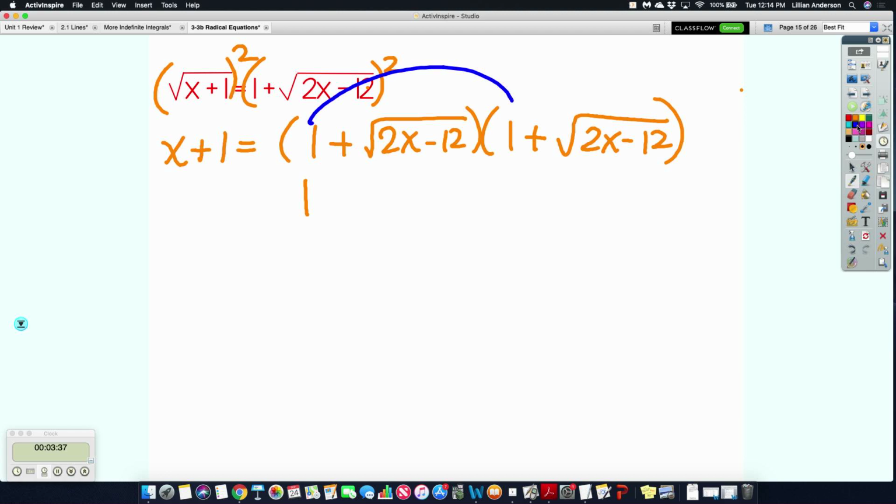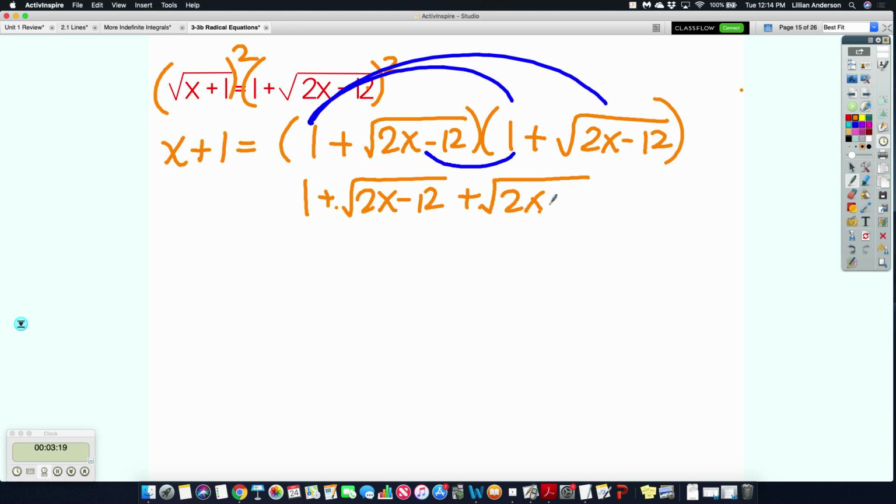Then 1 times the square root of 2x minus 12, which is just? Then the square root of 2x minus 12 times 1, which is? And now the square root of 2x minus 12 times the square root of 2x minus 12, which is just 2x minus 12.